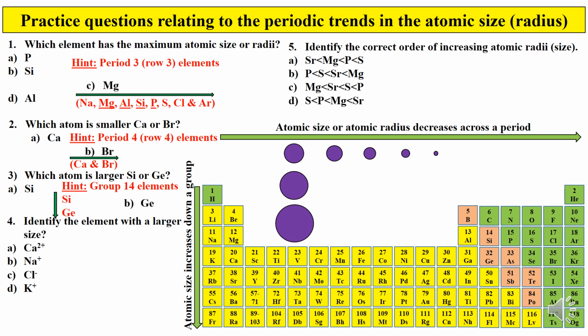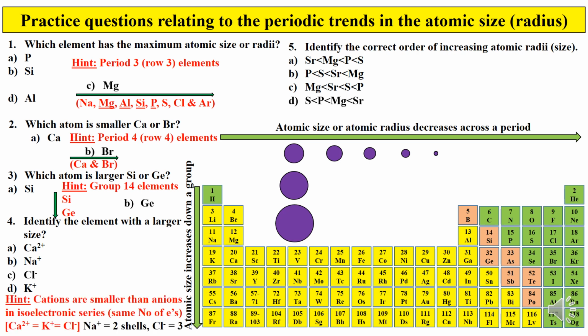Next question, identify the element with a larger size. Now it's a question relating to ions. So remember the important rules that I have explained about the ions in isoelectronic series. Generally, questions in the examination will be covering ions belonging to isoelectronic series. So first thing, try and find out how many ions belong to the isoelectronic series.